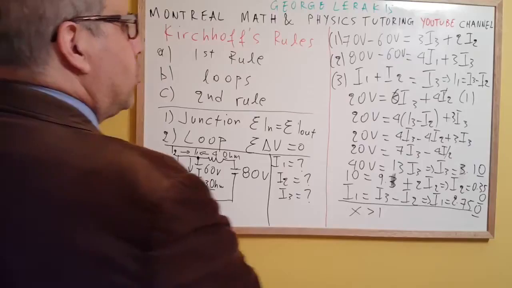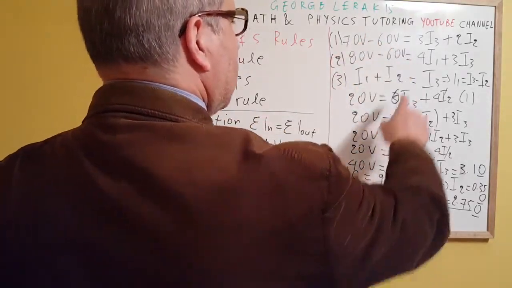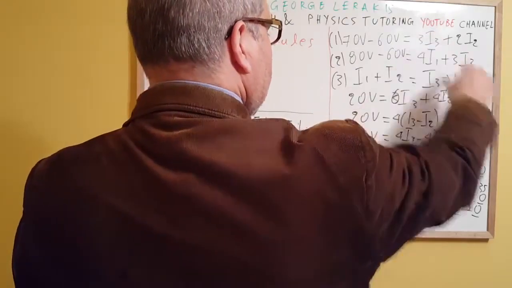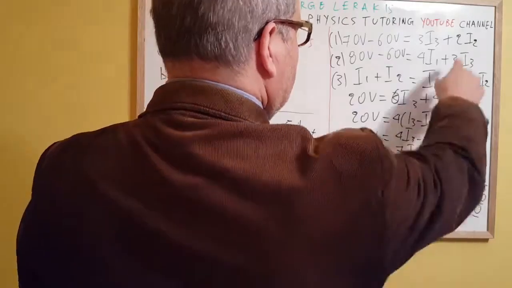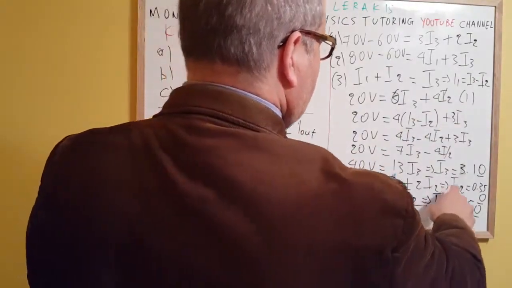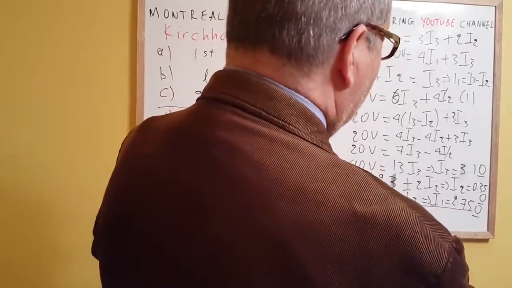Now you go to equation 1, and you have 10 equal to 3I3, so that's 3 times 3.1, that's 9.3, plus 2I2. From that you get that I2 is equal to 0.35 amps.